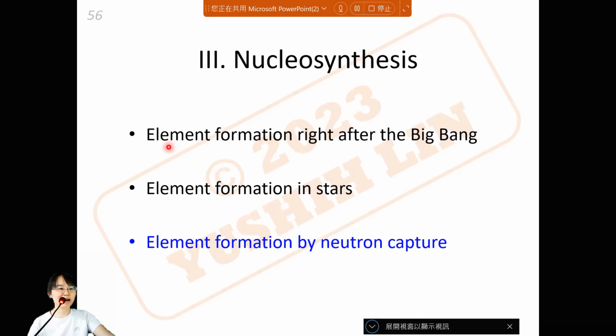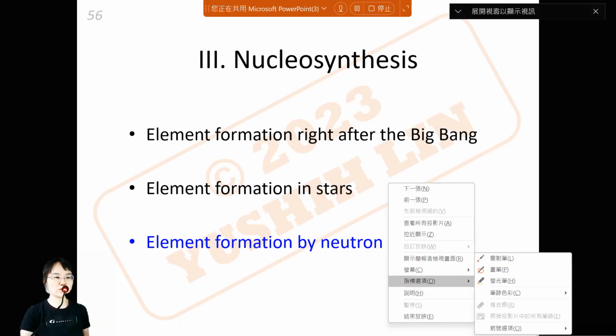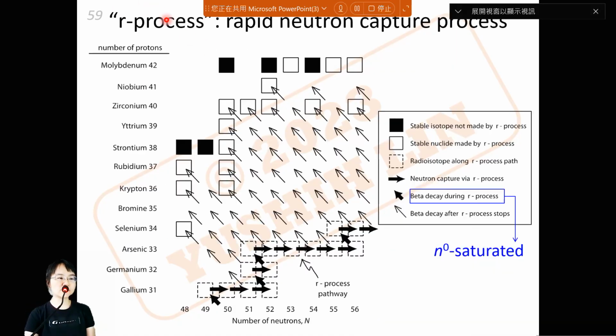We already talked about nucleosynthesis after the Big Bang, and we talked about element formation in stars. I will show you quickly the neutron capture process. The r process means you have to imagine that the neutron is a little bit like a bullet from a machine gun, like this. So it's really shooting fast on existing nuclei, such as iron-56.